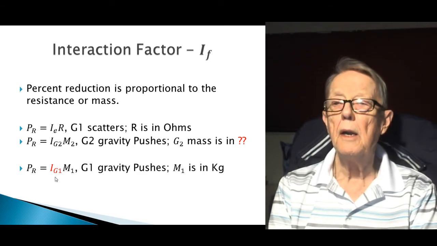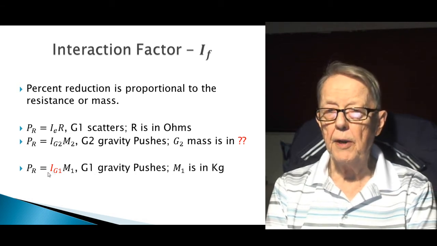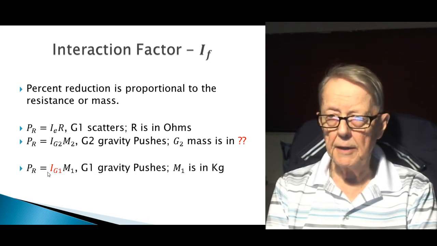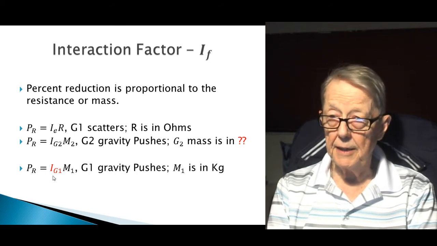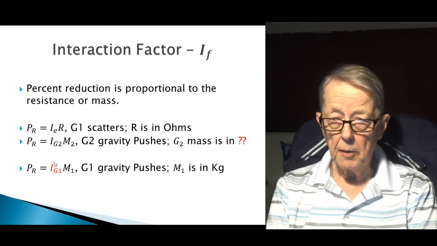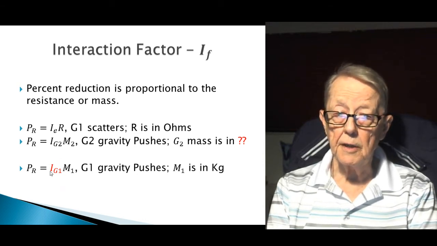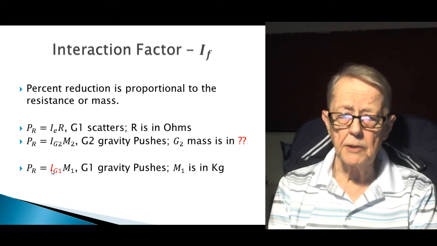And I highlight it in red because about 3 years ago, before we started on light and magnetism and the rest of it, the last calculation I did, I spent 6 months getting a preliminary value of this constant.